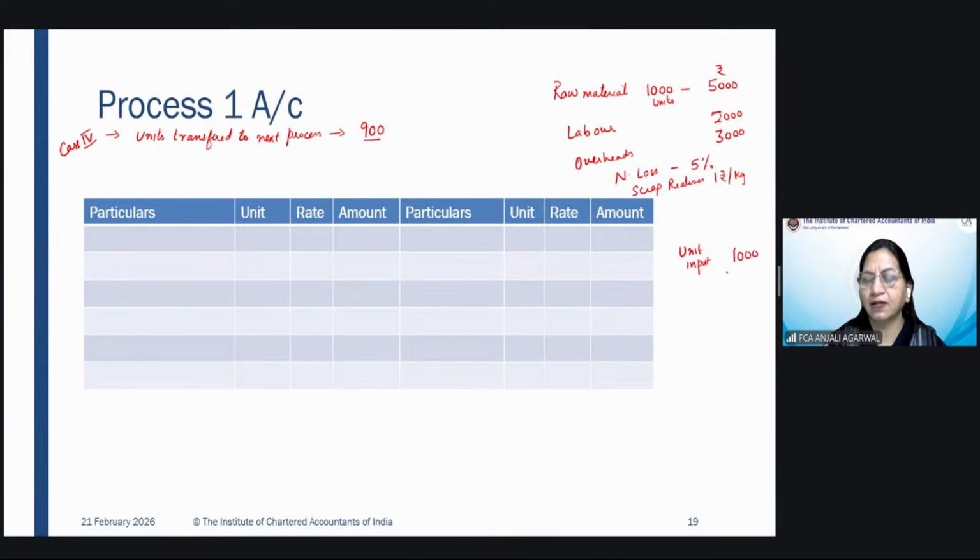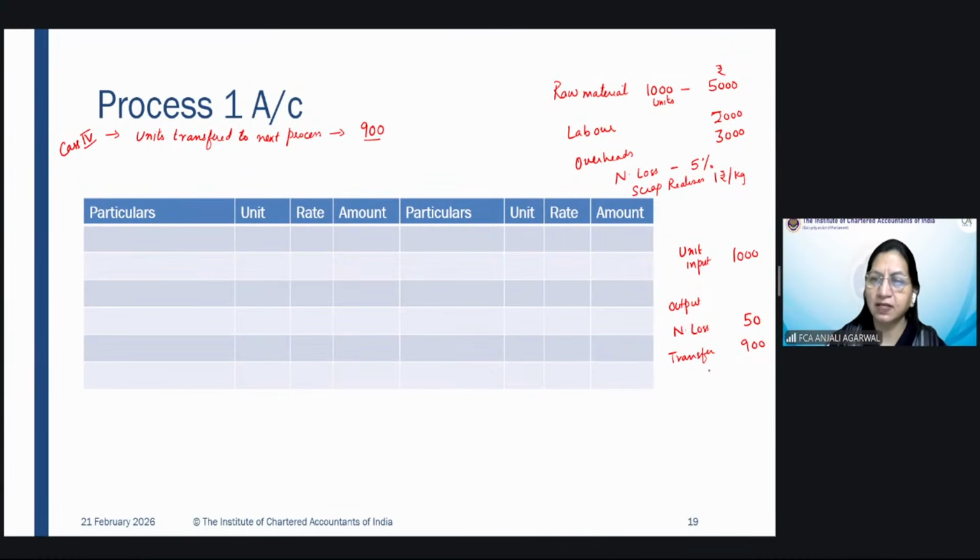Then what happened to that? Out of that 1,000, what happened to the output? There was normal loss, 50 units. And transfer to next process, 900. So we have some balancing figure or some hidden information here.